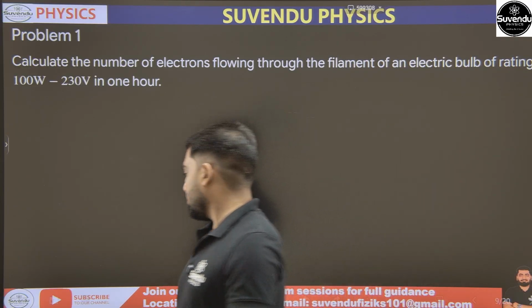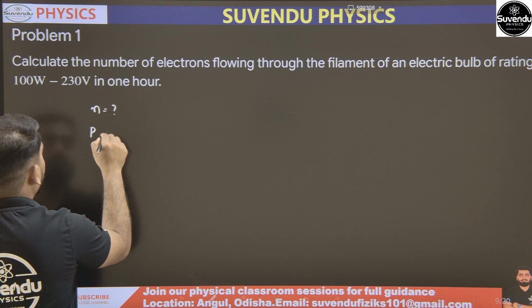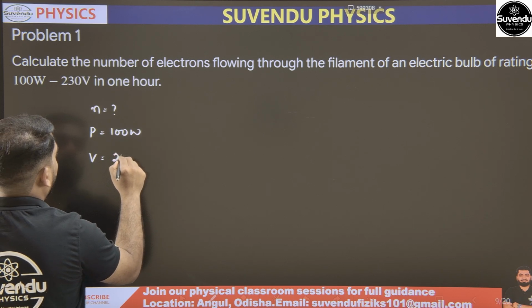So we have to find the number of electrons. Okay, number of electrons is the unknown, power given 100 watt and voltage given 230 volt.